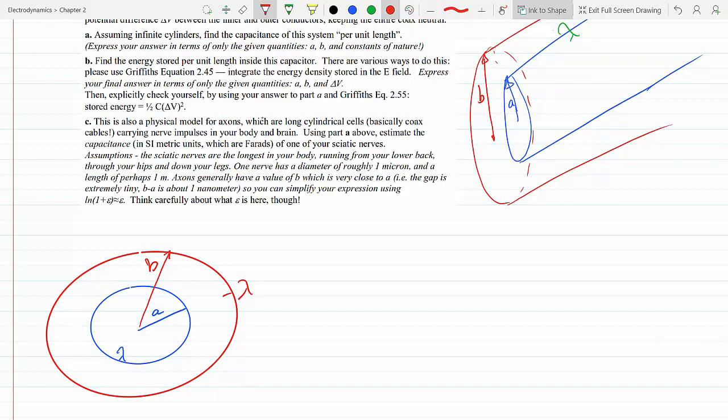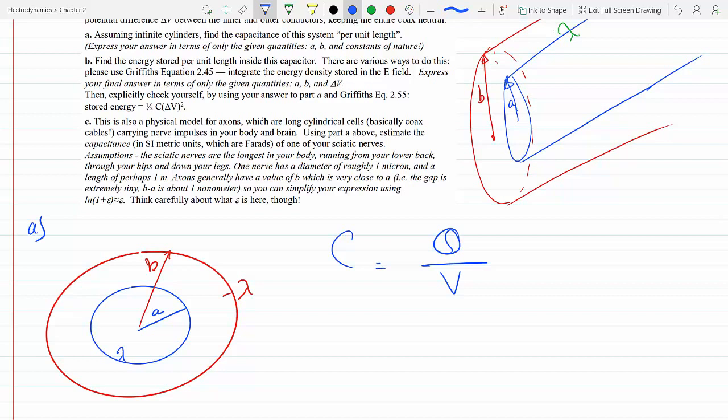And so the question for A is find the capacitance, and we know that the capacitance is the ratio between charge and voltage, right?